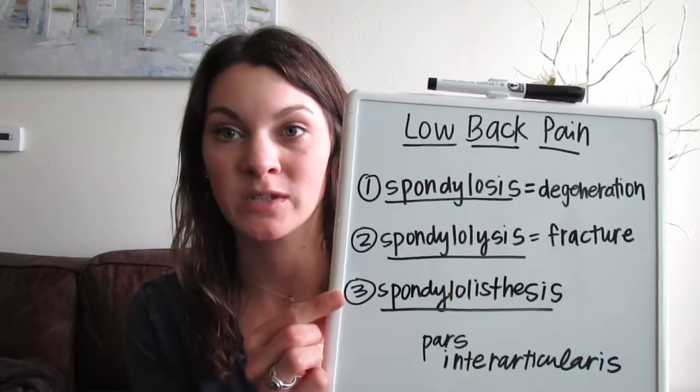Then number 3 here is, like I said before, spondylolisthesis. So that's when you actually have a slippage of one of the vertebral bodies, or the bulk of the vertebrae slipping forward. A lot of times it's because of that fracture. It's fractured right there and it just starts to slip forward due to lack of stability.